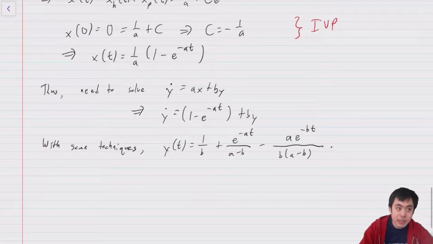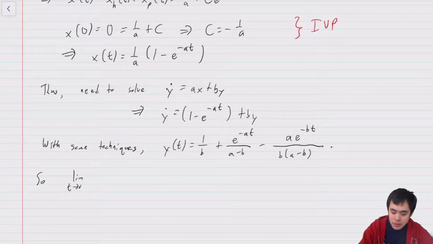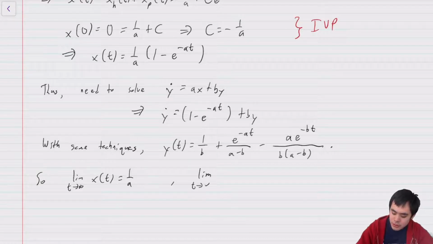And this allows us to get a couple of limits. The limit as t goes to infinity of x of t is equal to 1 over a, and the limit as t goes to infinity of y of t is equal to 1 over b.